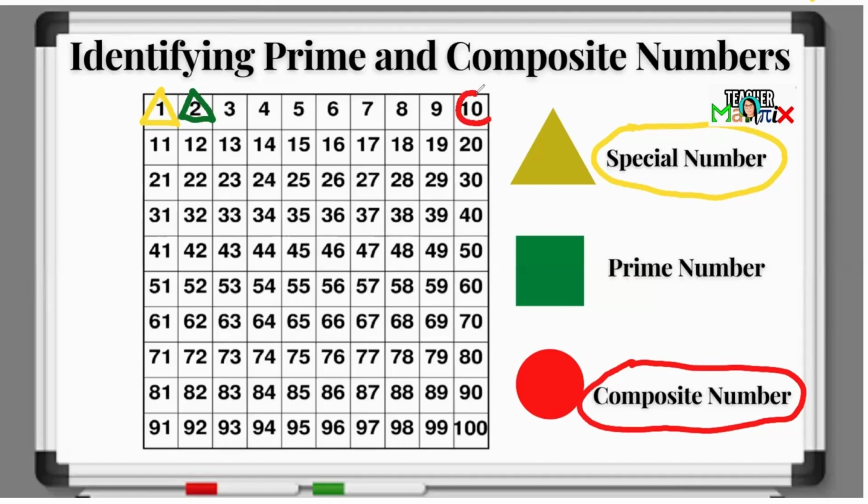So 10, 20, 30, 40, 50, 60, 70, 80, 90, 100.